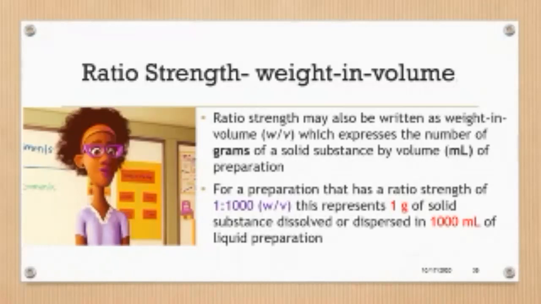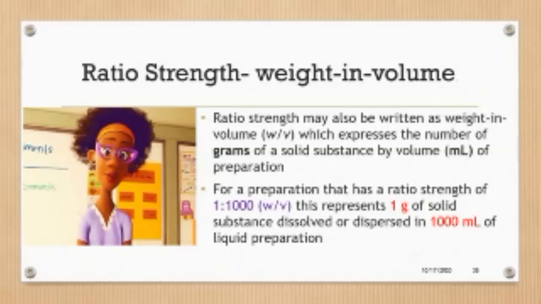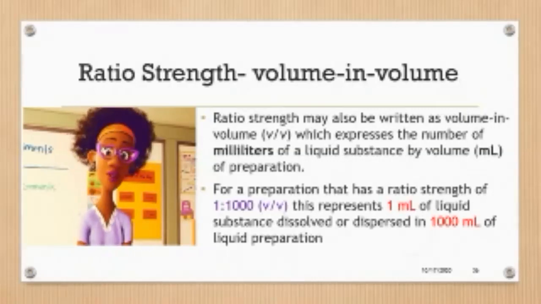It is dependent on the volume that is expressed in the ratio. And usually the second number is indicative of the number of milliliters. And in this case, the units for weight and volume are going to be grams and mL.